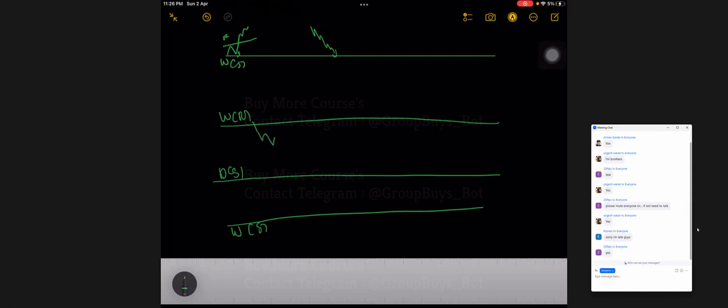For example, the price is going weekly to weekly, but stuck here because of a daily roadblock. If there is daily resistance here, the price will come into daily to daily, daily to daily, and then the end of the direction will be at weekly.